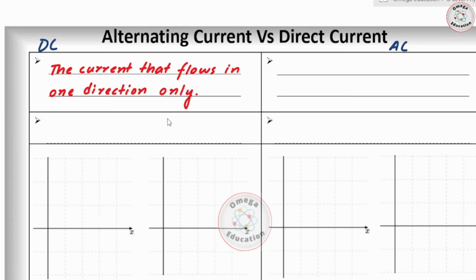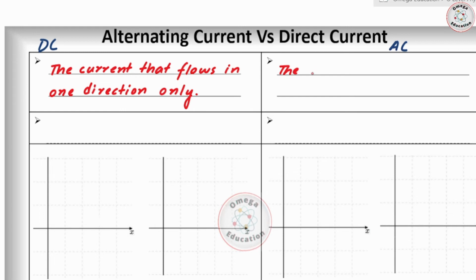This is how we define the direct current. Then the next thing is alternating current. As the word is giving you the hint, alternating, that means the change. So the current that changes its direction periodically is called alternating current.